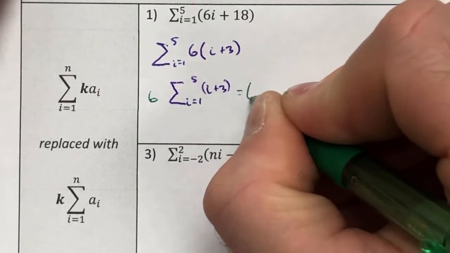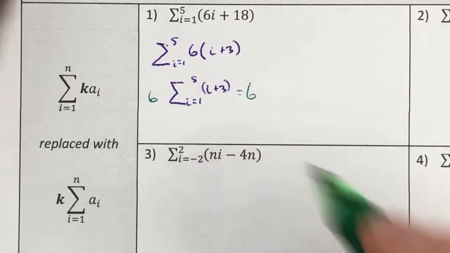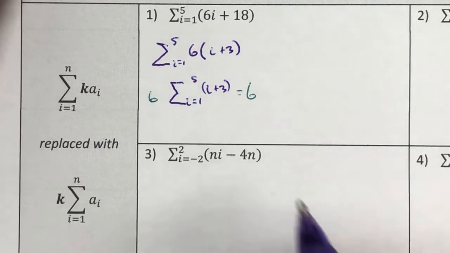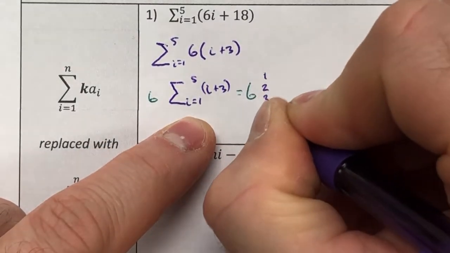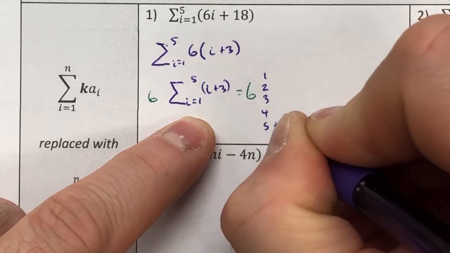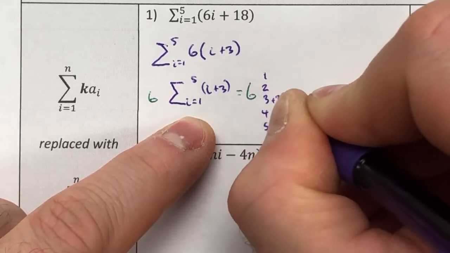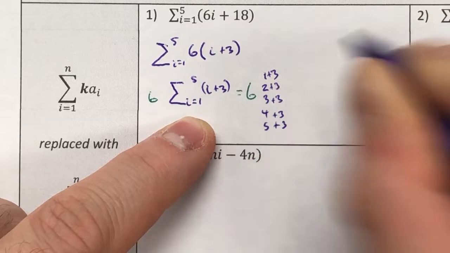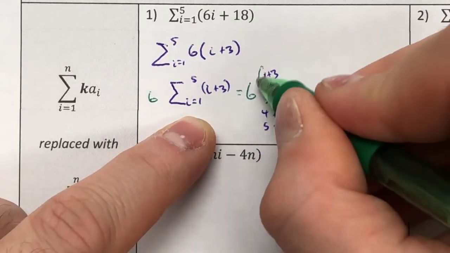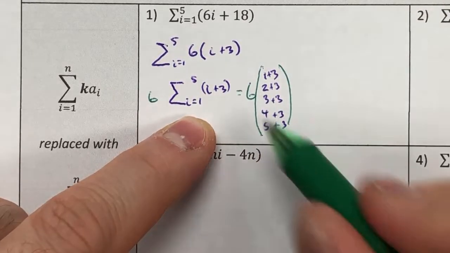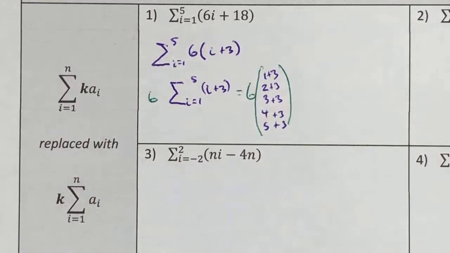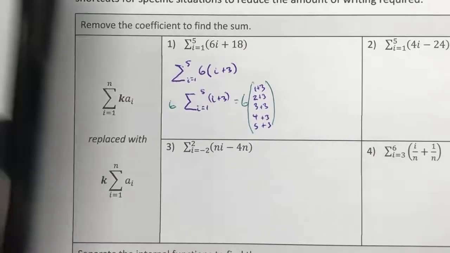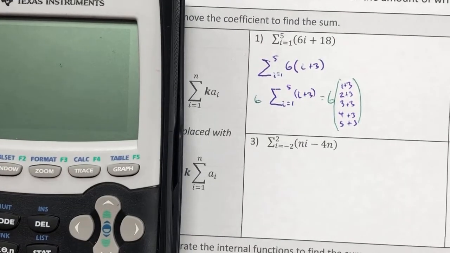Now, when I reduce that, that is going to be 6 times, and let's go ahead and write out every term from 1 to 5. So I have 1, 2, 3, 4, and 5, all plus 3. And I'm multiplying 6 times this sum as opposed to 6 within that, and it just reduces the effort that we have to do. Now, we're going to kind of cheat just a little bit right here, and we're going to plug this in.